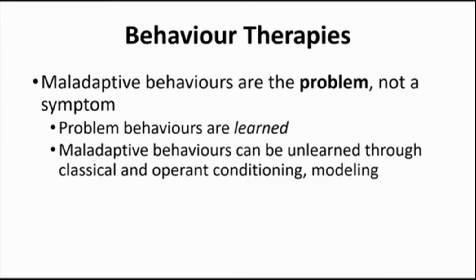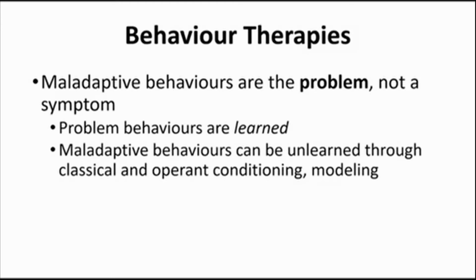So we're saying that these problem behaviors, these maladaptive behaviors that we're exhibiting, are something that we have learned, and they themselves are the problem. So if we're going to fix these maladaptive behaviors, we're going to focus on fixing those behaviors and not try to get to the root of where they came from or why they're happening or what's driving them. We're just going to target the behaviors.